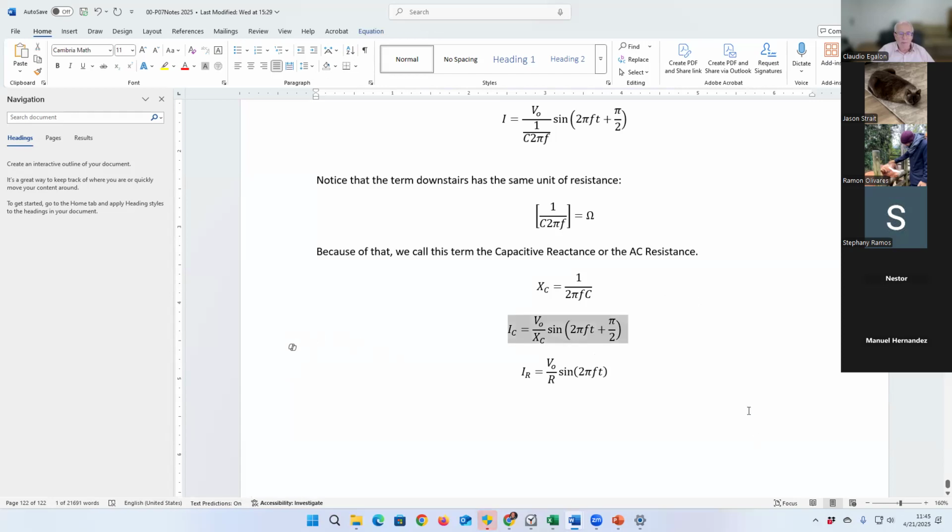We have the current for the capacitor in the circuit. But don't forget, what you see right in here is just a relative phase, okay? The phase you see above is relative to its corresponding voltage. So it's not enough to write it this way.